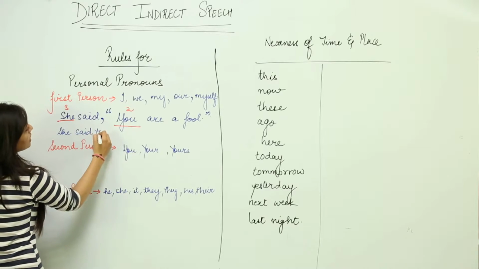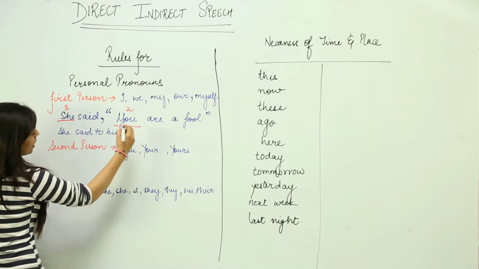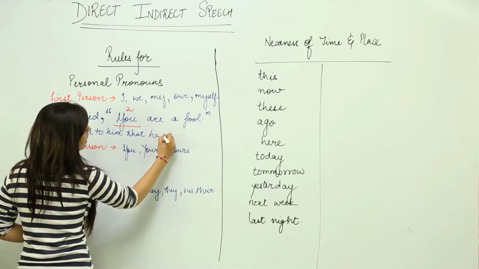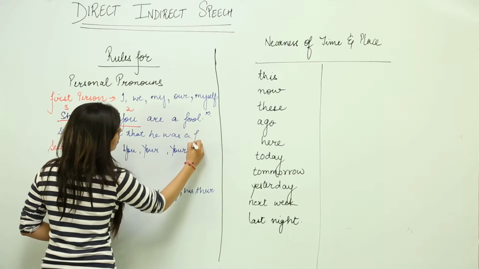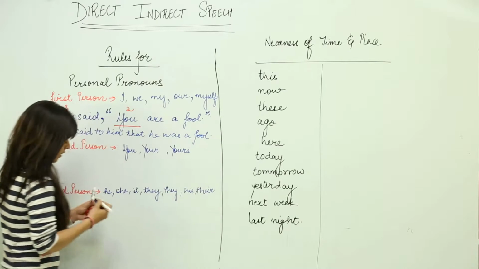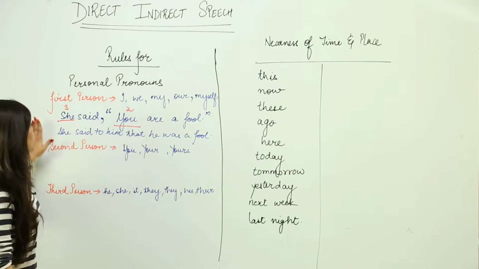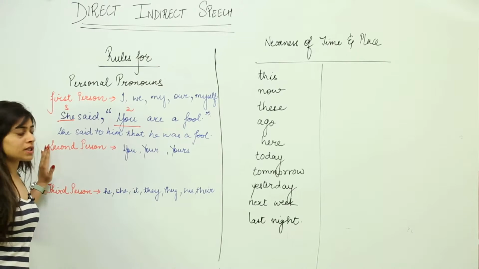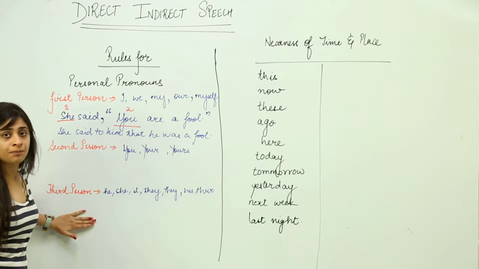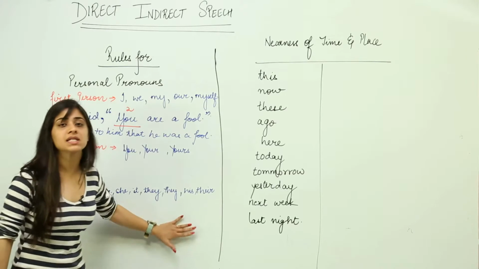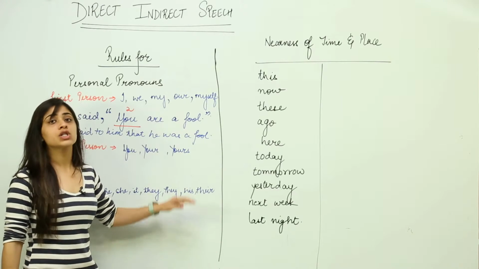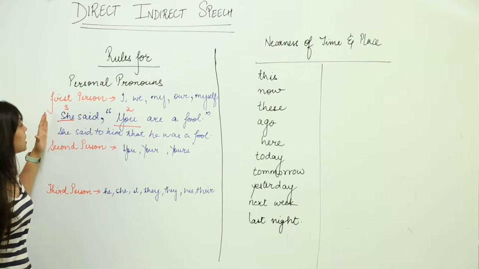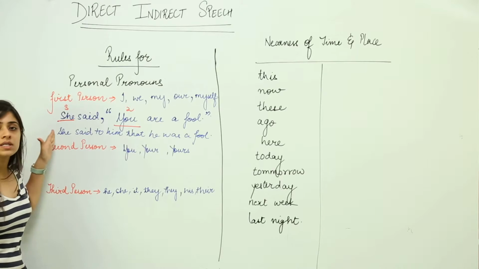She said to him that he was a fool. So, this becomes very clear from this sentence that the first person or the second person gets changed into the third person, but third person generally remains unchanged. And the change entirely depends on what person is used in the reporting speech.